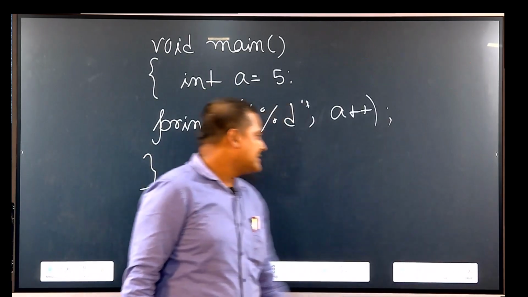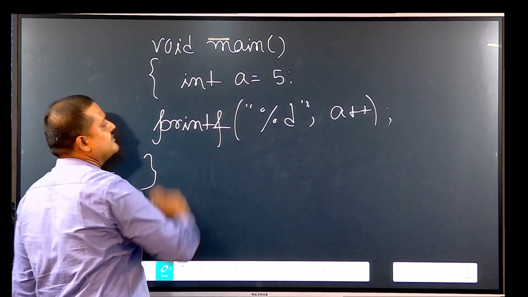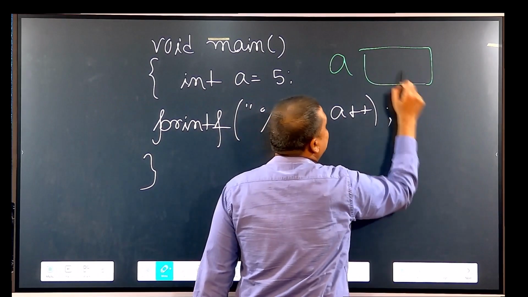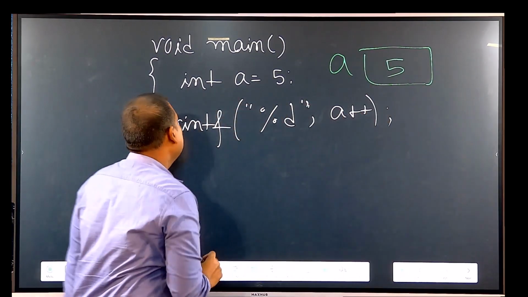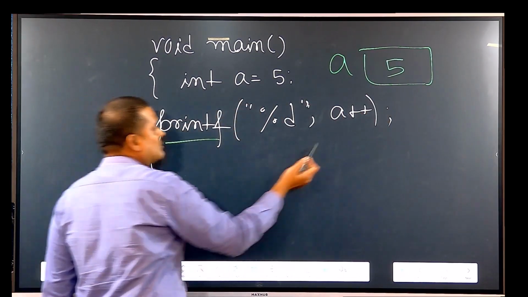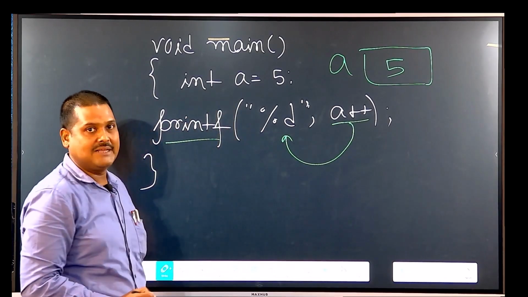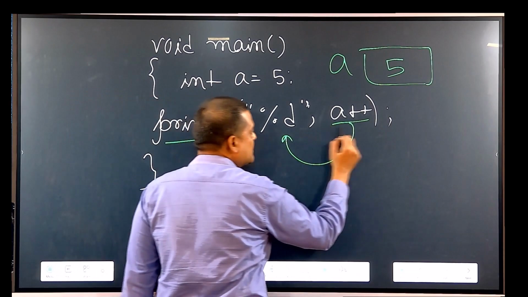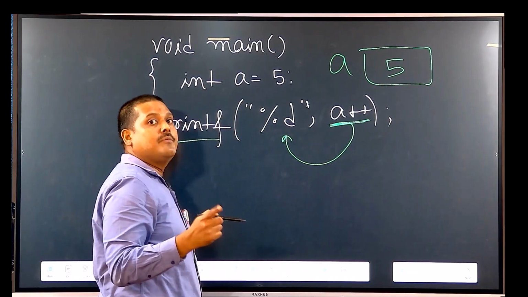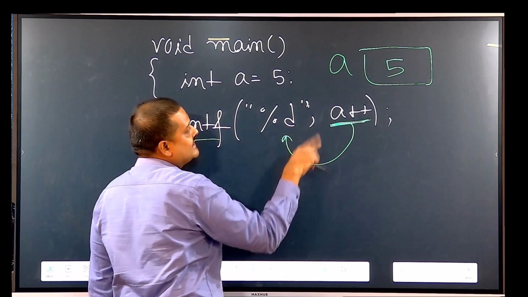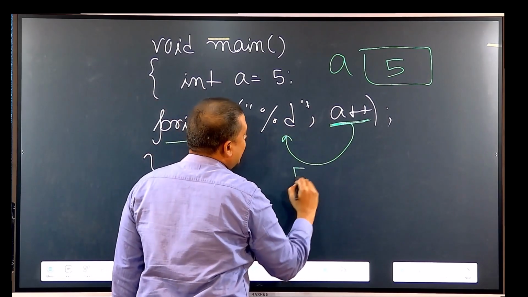Let us have another example. A is assigned as 5. Now we are trying to print something. So the task is that this value will be assigned in this place. Now this is post increment. So the increment operation will be performed later. First assigning the value, that is the task. It will be assigned 5.